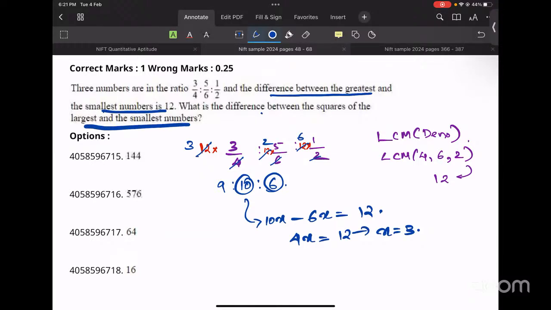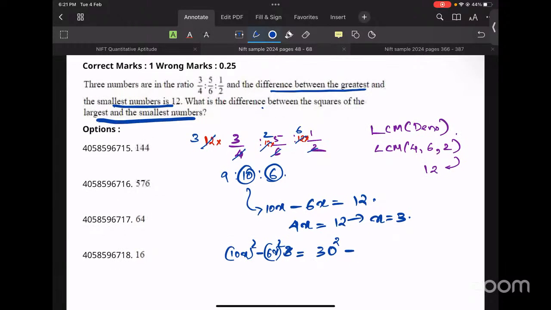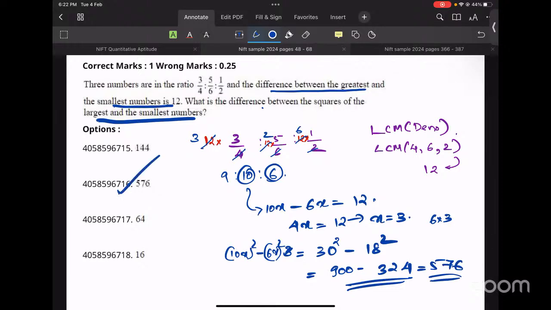That is 10x whole square minus 6x whole square, which is 30 square minus 18 square. So 900 minus 324, that is 576.